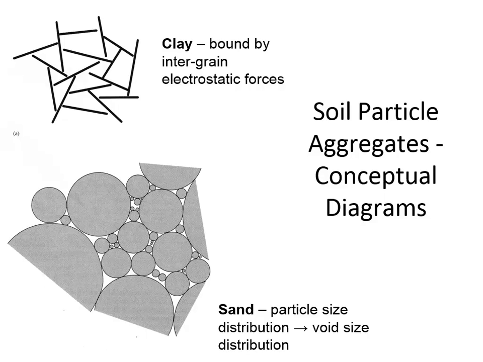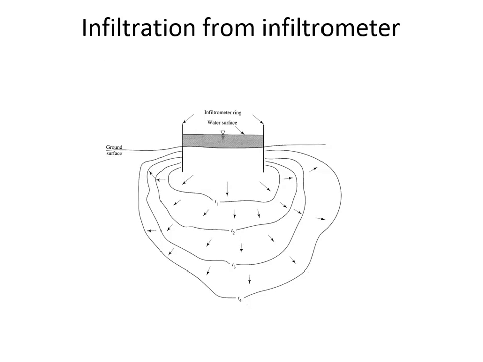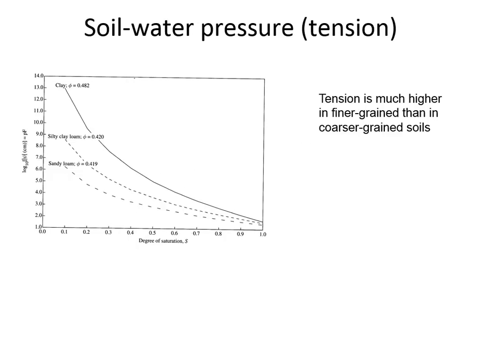Because they're so much smaller and have a really high surface area, each of these surfaces of clay wants to be wet. It has an attractive force for water. The negative charge inherent to a clay particle is always attracting water, so this diagram shows that clay particles will have a very high suction head when they're dry.